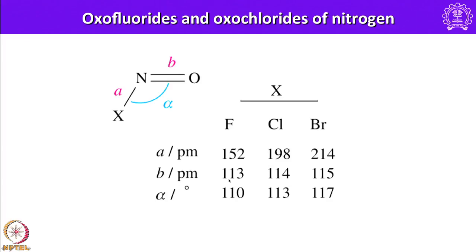There is no dramatic increase or decrease in the NO bond distance, whereas this one is quite obvious because of the change of the halides. One can expect this bond distance should change.